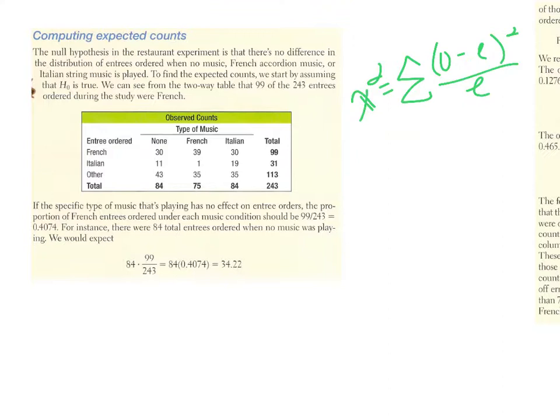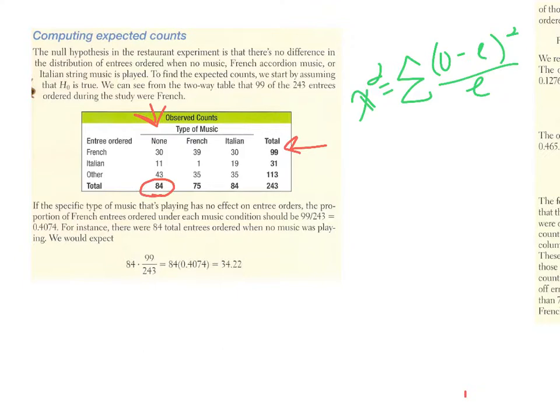So looking at our two-way table, 99 of the entrees that were ordered were French. Depending upon the type of music that was played, for instance, 84 total entrees were ordered when no music was being played.